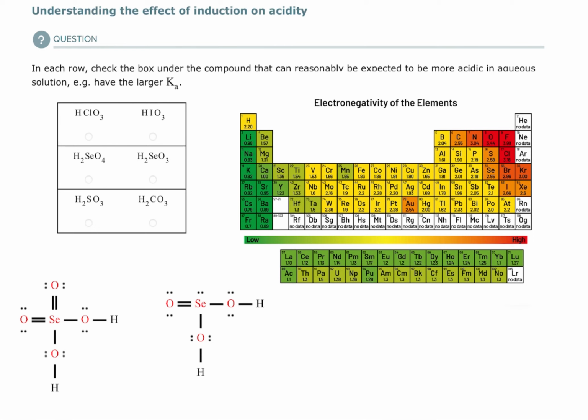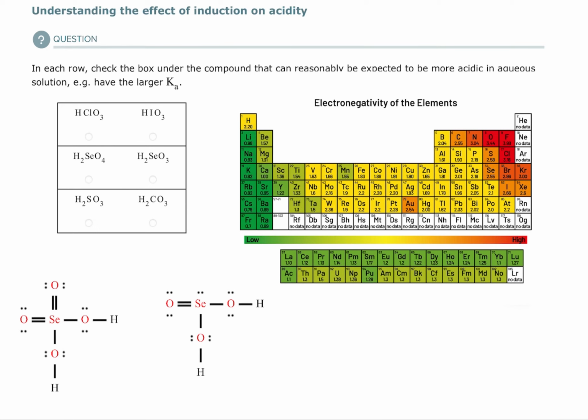So looking here at the bottom, you have 5 electronegative atoms that are pulling the charge away from that hydrogen and making it easier to donate. And it's diprotic, so you're going to donate one, and then you're going to come back and donate the second one later. In the second example, H2SeO3, you have 4 electronegatives.